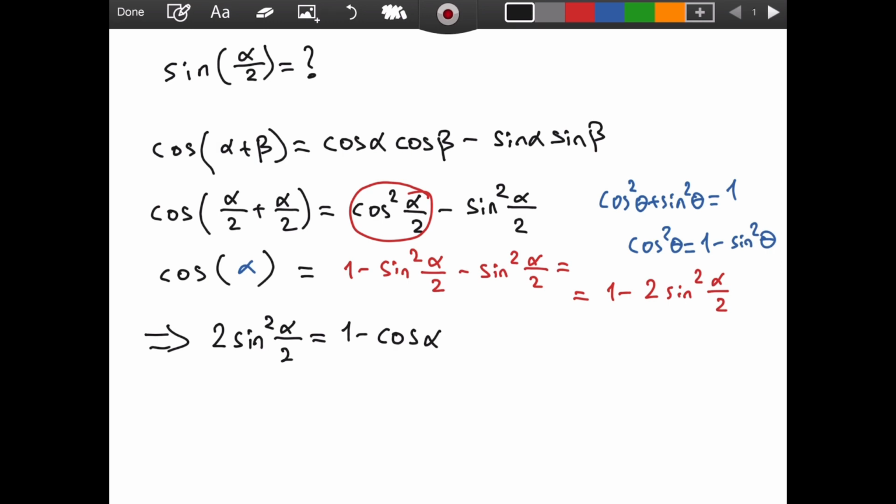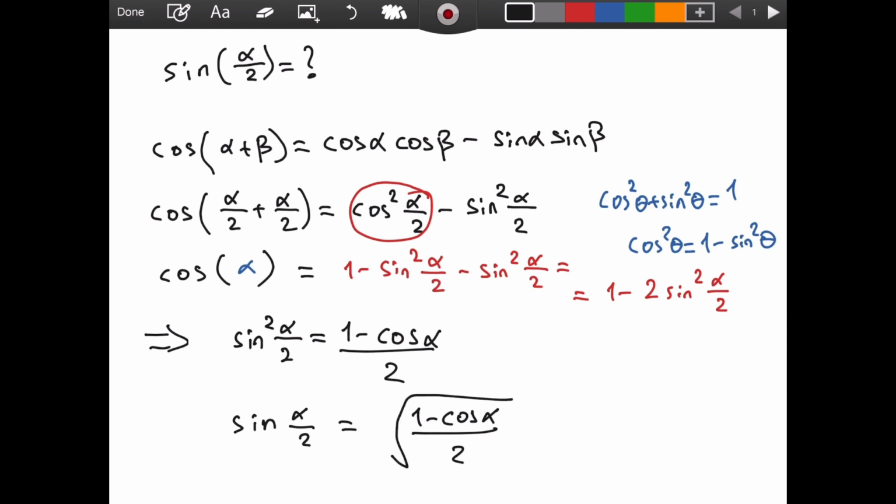And if I divide both sides by 2, I will erase this factor of 2. Now all I need to do is take the square root. So if we have sine of alpha over 2, we will have 1 minus cosine of alpha divided by 2 under the square root.